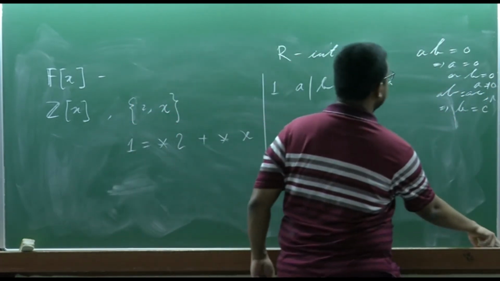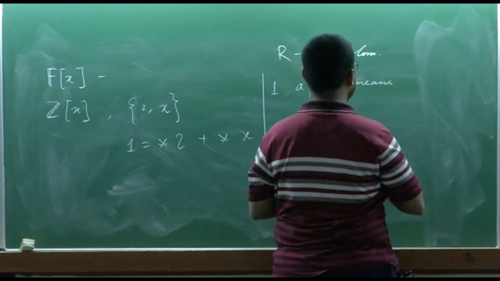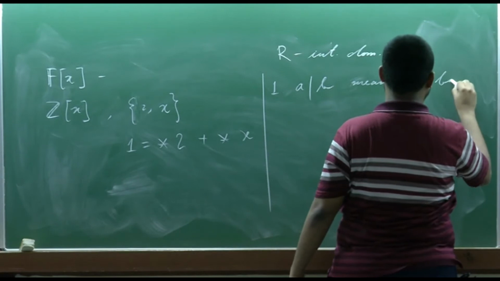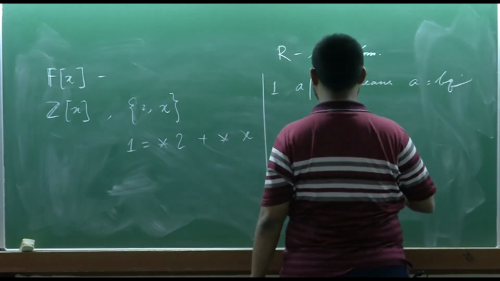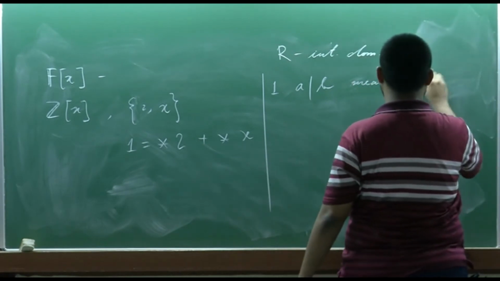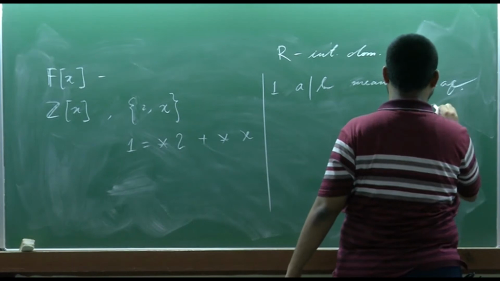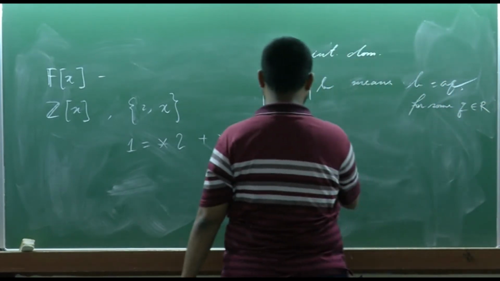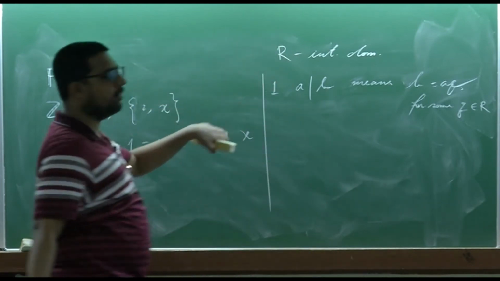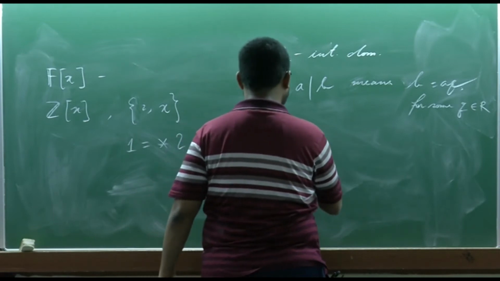So, now let me introduce the terminologies. So, this means A equals BQ, okay. No, A divides B, so it should be rather B equals AQ for some Q in R. Then we say that A is a divisor of B. Next thing that we are going to call is proper divisor.